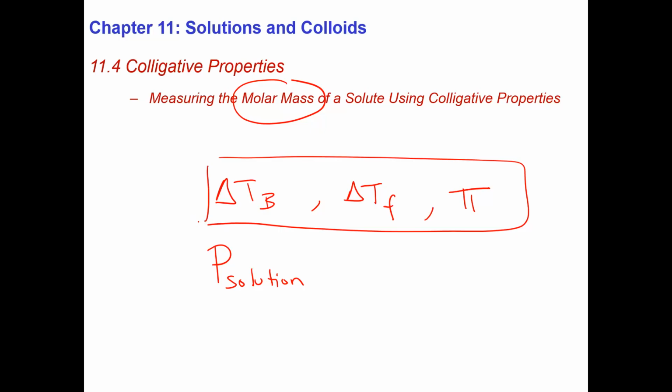So this is good news for us because boiling point elevation and freezing point depression have very similar formulas. So we really only have to worry about two things. We have to figure out how we can determine the molar mass using either boiling point elevation data or freezing point depression data, or we have to figure out how to use the osmotic pressure equation to get the molar mass.